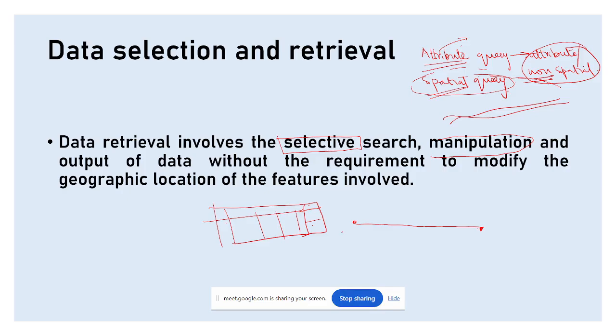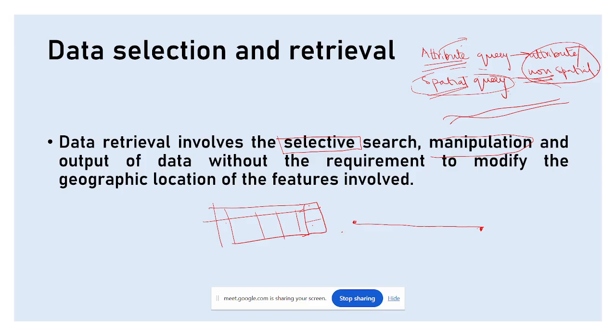And there are certain map calculators available with different operations. Almost all of these GIS softwares have certain map calculators available. For instance, you can give some conditions in these calculators.